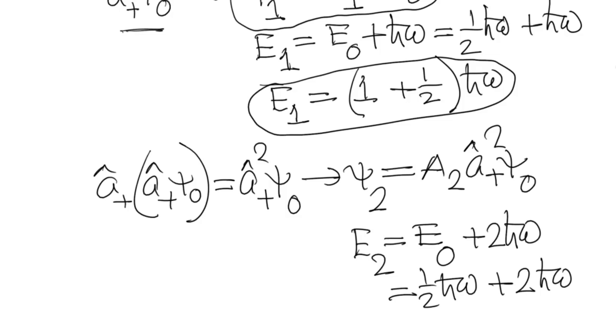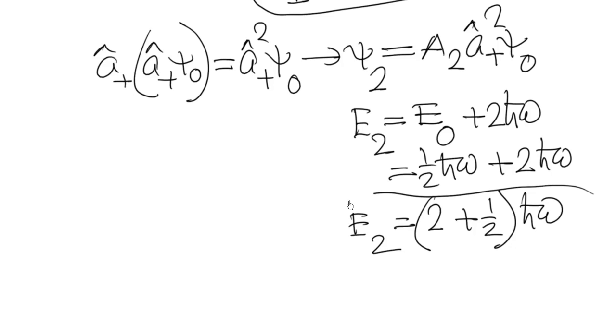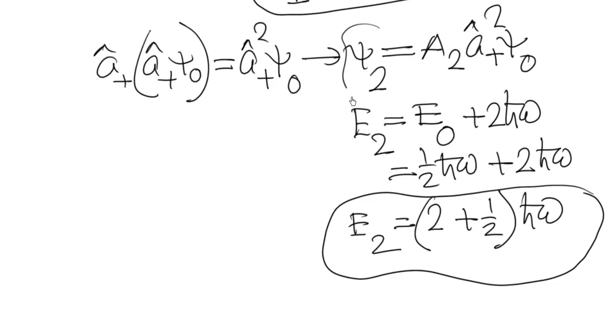If you take h cut omega common, we will have this. So this is the energy of the second excited state, and this is the wave function of the second excited state.